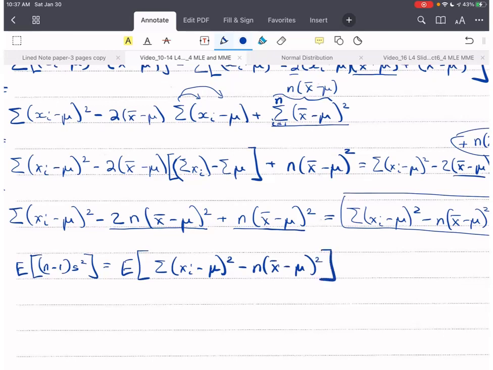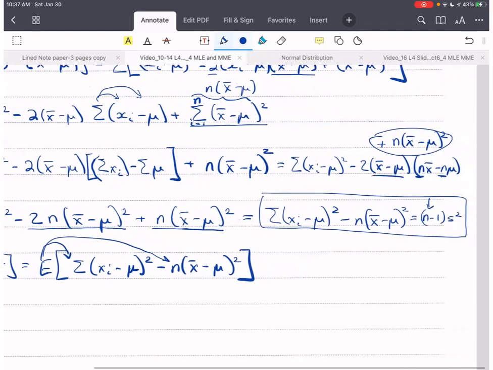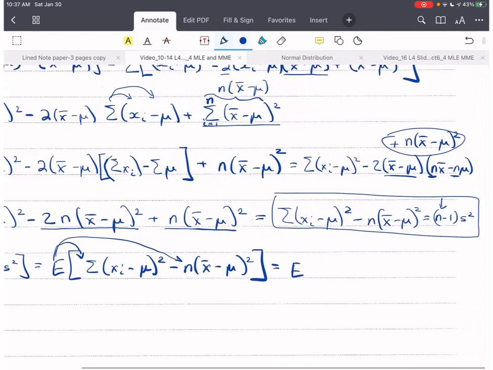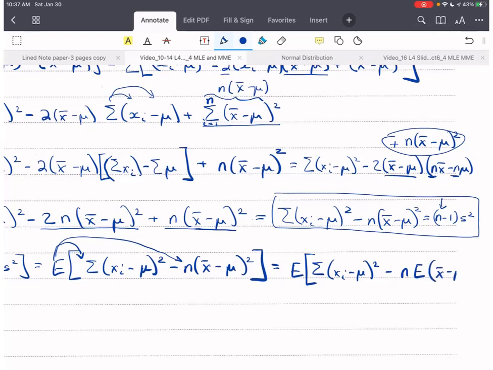All right. Remember that the expectation is a linear operator, so I can think about this as distributing it across the addition or subtraction. So this becomes E of the sum of xi minus mu quantity squared minus n E of x bar minus mu quantity squared.